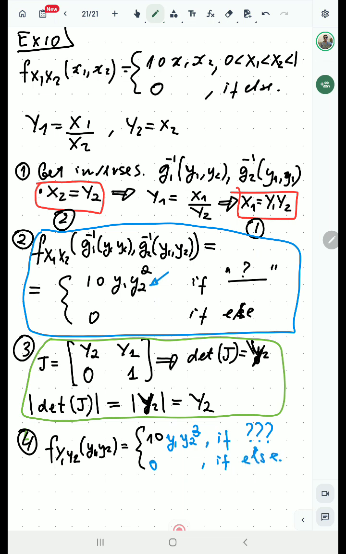Now let's understand what we have for these question marks, because we have to define the interval where y1 and y2 are defined.